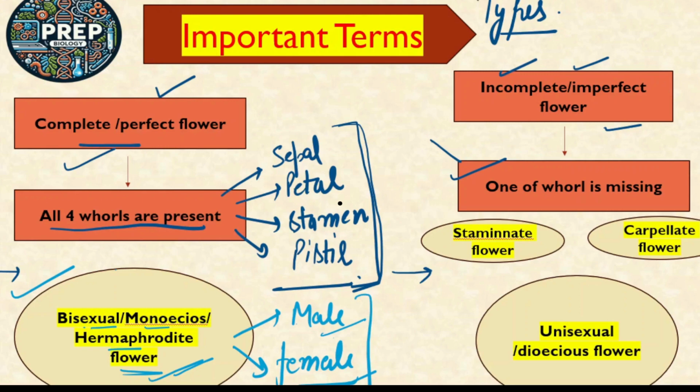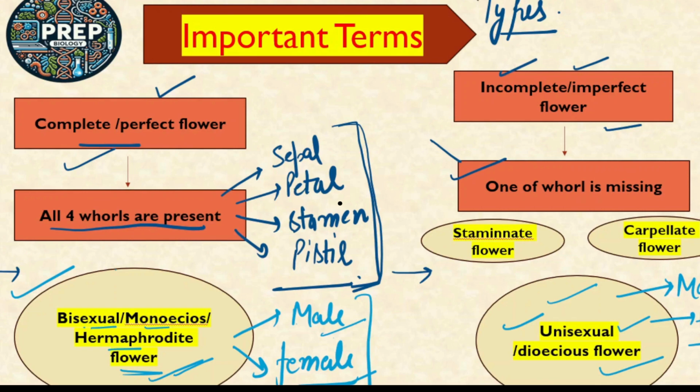These terms are very important. And opposite to that, what is a unisexual or dioecious flower? It is a flower in which one of the reproductive parts is missing, whether male or female. That condition is called unisexual or dioecious.